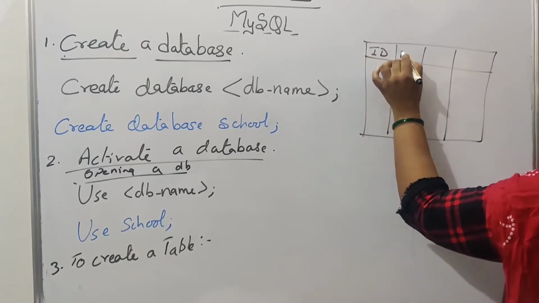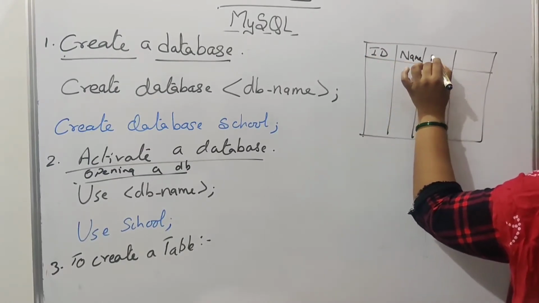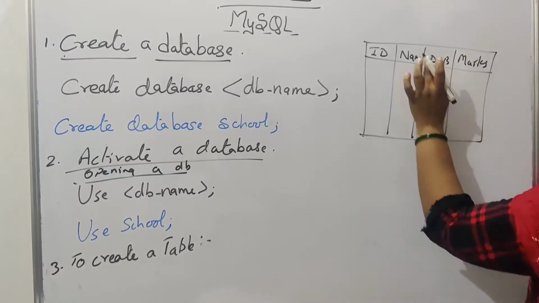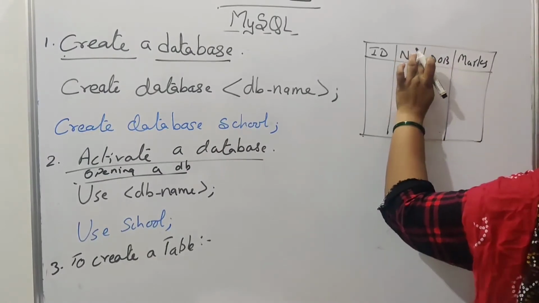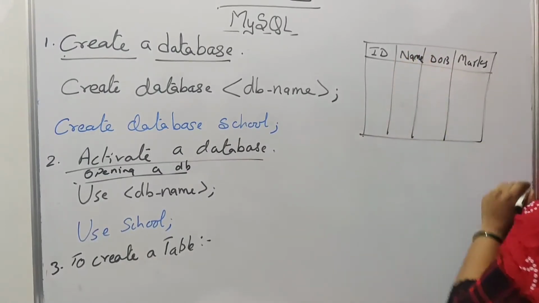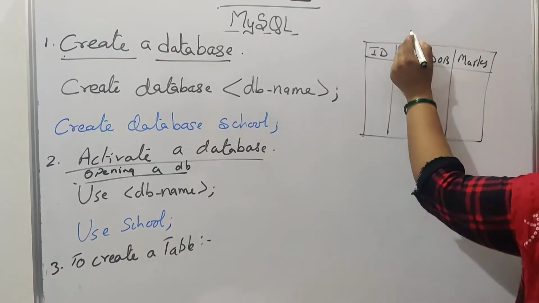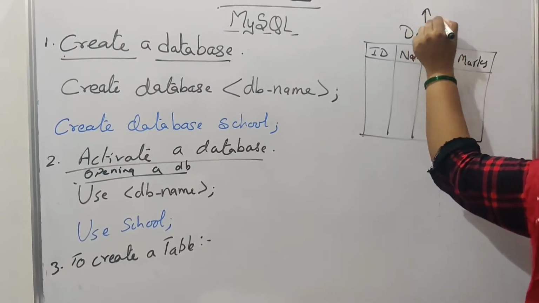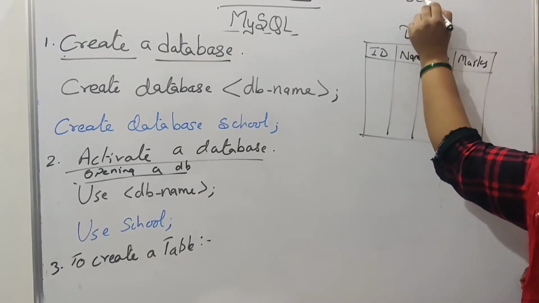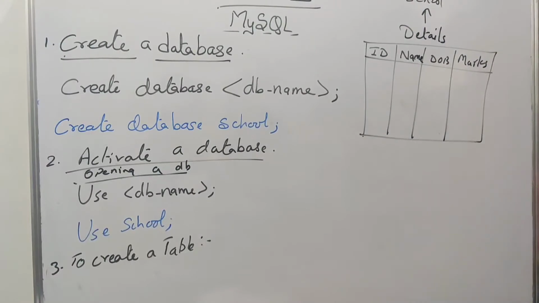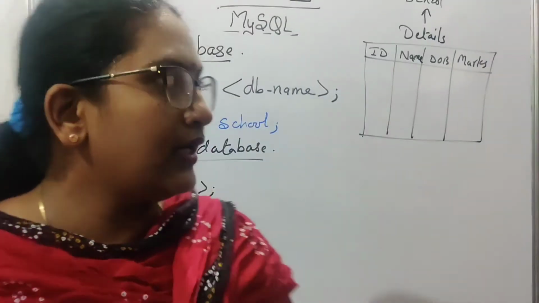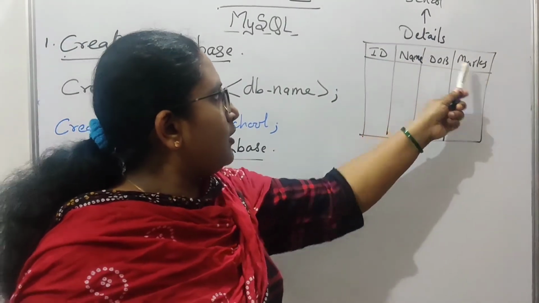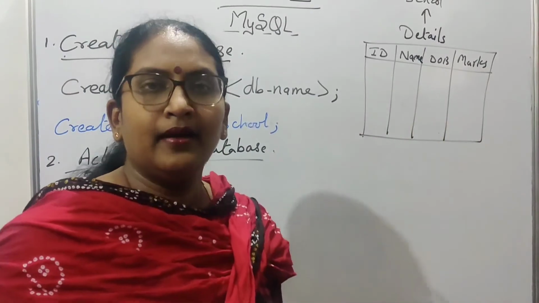Here we have ID, name of student, date of birth, and marks. Let us take the table name as details. Details is a table and your database is school, and the details table has the column names ID, name, date of birth, and marks.